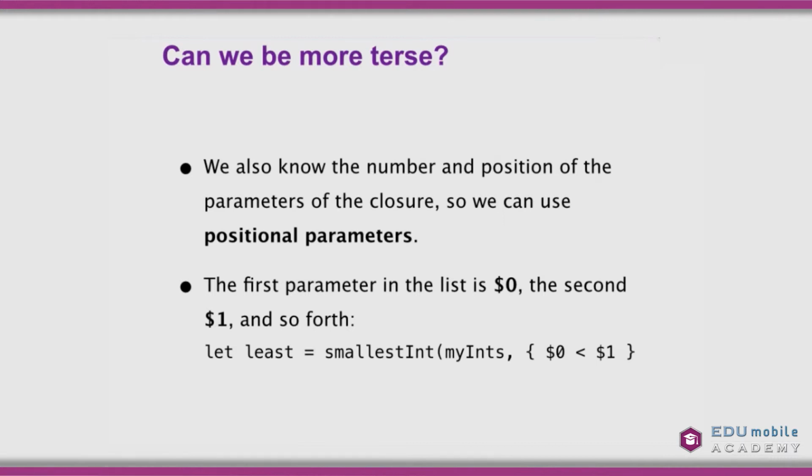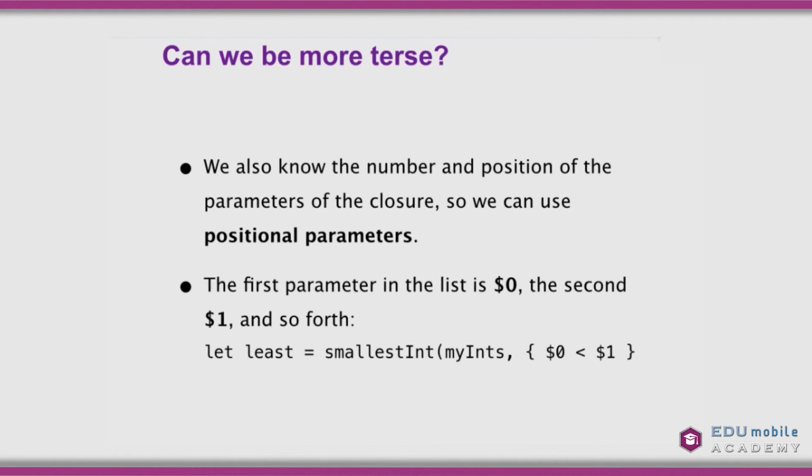The first parameter in a closure's parameter list, and a function, because functions are closures, the first value is $0, the second is $1, and so forth. So we can say let least equals smallestInt of myInts, the array, $0 less than $1. That will return a bool.